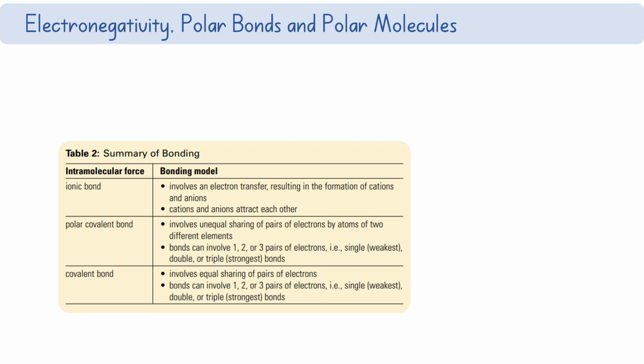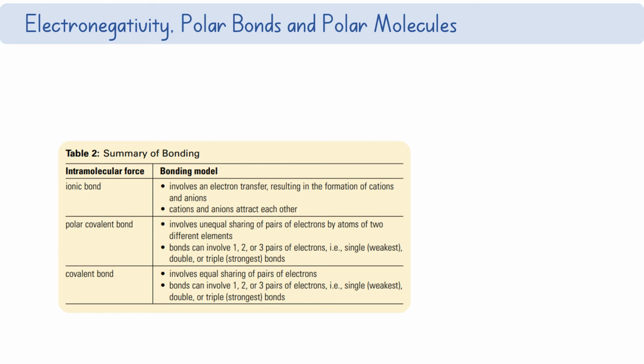The next is a table that summarizes bonding between the atoms in a molecule, and this is called intramolecular force. So the first is the ionic bond that involves the electron transfer, resulting in the formation of cations and anions. And cations and anions will attract each other.